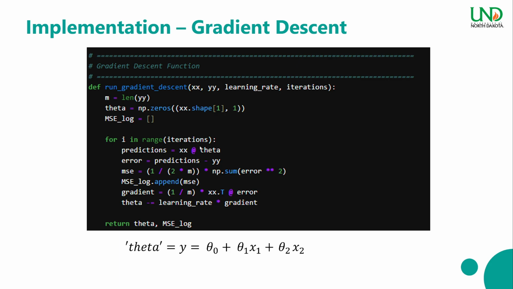So then there's the iteration loop, which runs for the number of specified iterations that we passed in, and we set the predictions. This has to use matrix multiplication because we've got a multi-dimensional array that we're multiplying by.